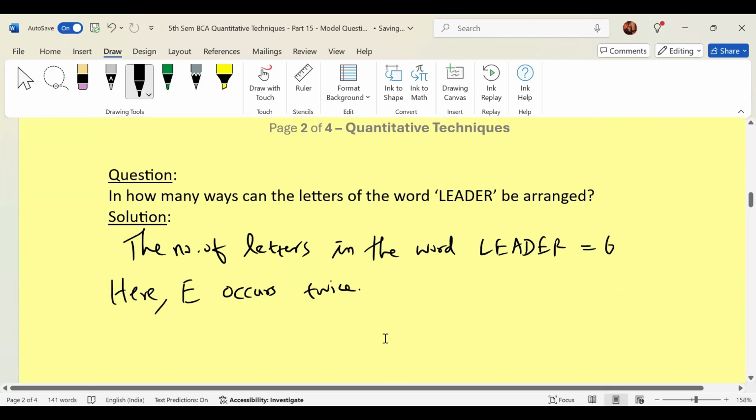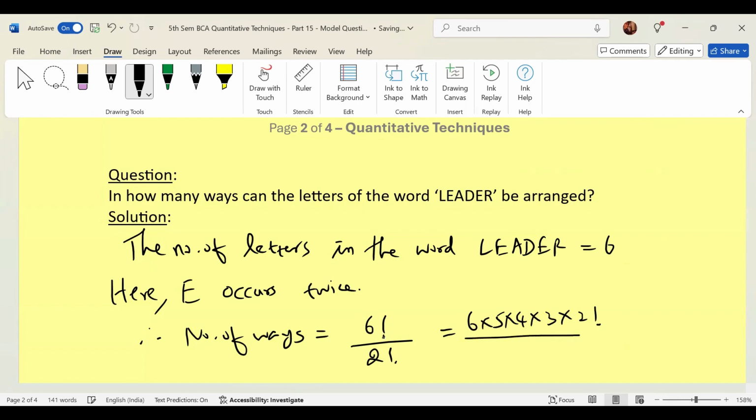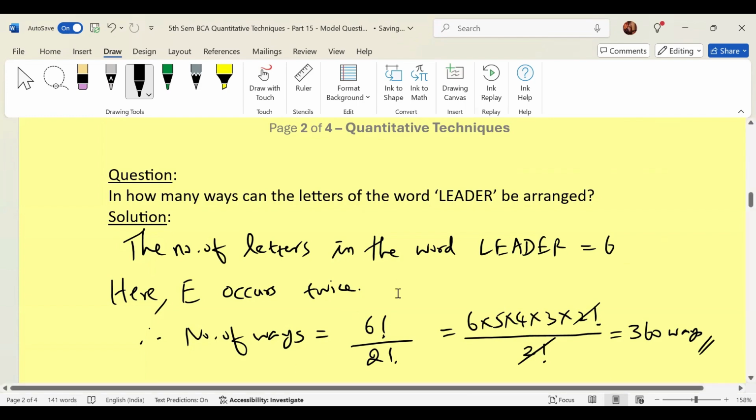Therefore, number of ways will be 6 factorial divided by 2 factorial, which is 6 into 5 into 4 into 3 into 2 factorial divided by 2 factorial. This and this gets cancelled. We'll get 6 into 5, 30, 30 into 4, 120, 120 into 3, 360 ways. That is the solution for this question.